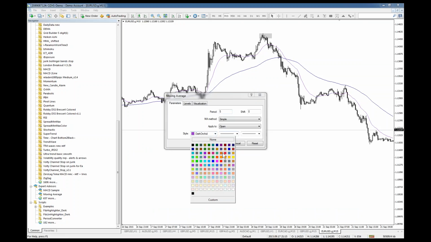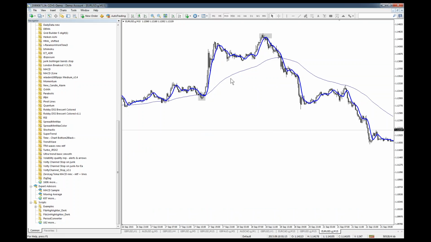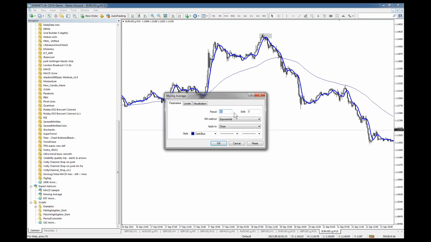And we'll make it blue. And we'll make it a nice thick line. And we'll make this one the 5 simple close. And leave that blue. No, make this red rather. And make that a thick line.